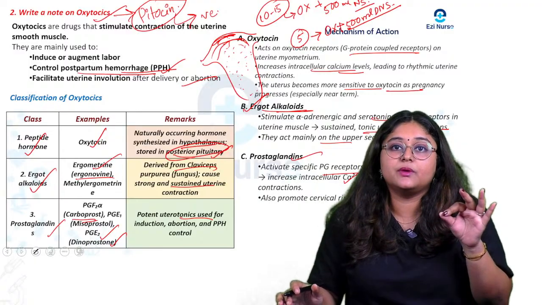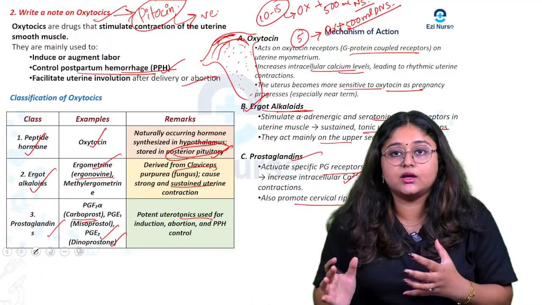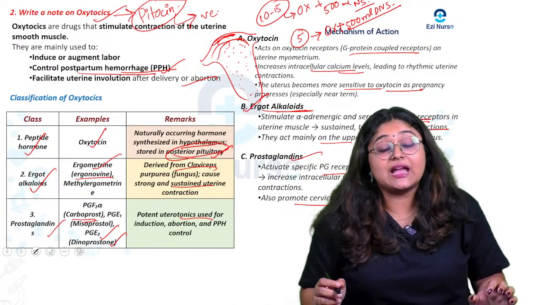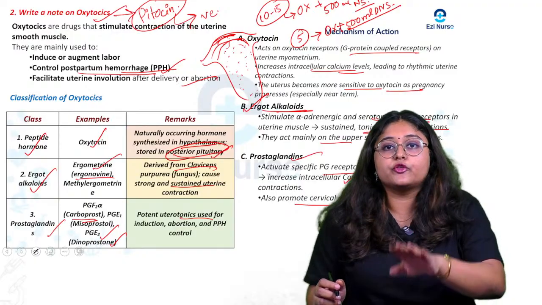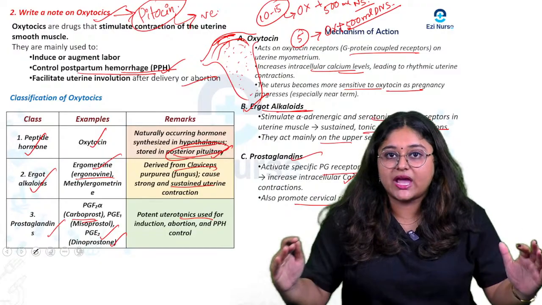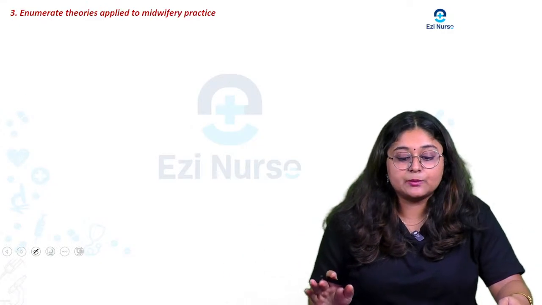That's why we have to provide the Ca2 plus ion, and it is also helpful for promotion of cervical ripening, like softening and dilatation of the cervix. From 2 centimeter it starts to open, like 2 to 4, 4 to 6, 6 to 8, 8 to 10. Okay, so these are all about the mechanism of action.